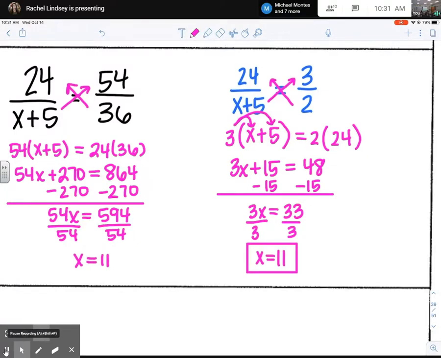So again, you get to the same answer, it's just you have way bigger numbers. So you got like 270, 864 instead of 15 and 48. So just know if your math is not exactly the same as mine, it's because you didn't reduce or I didn't reduce. But as long as we get to the same x, that is perfectly okay.